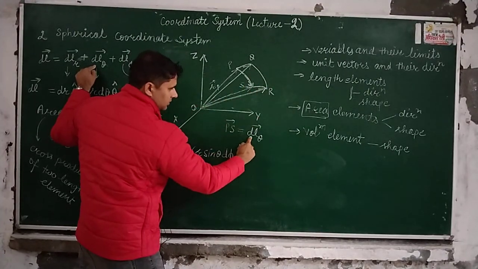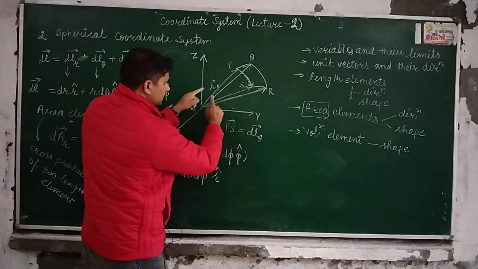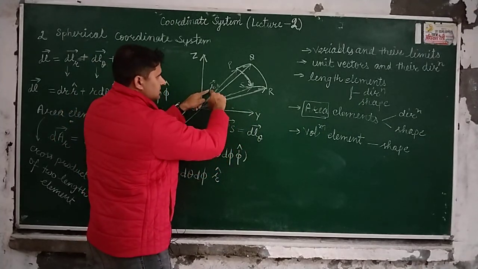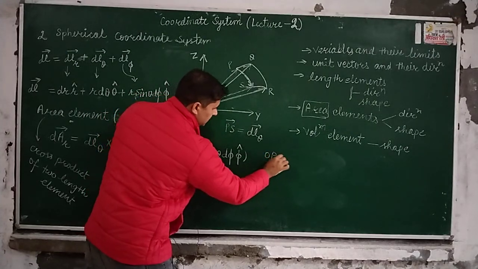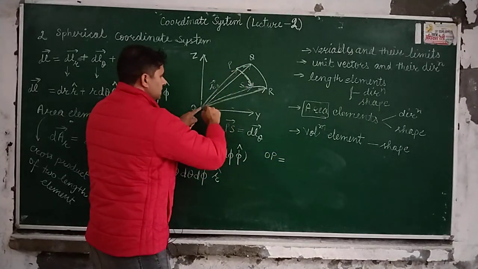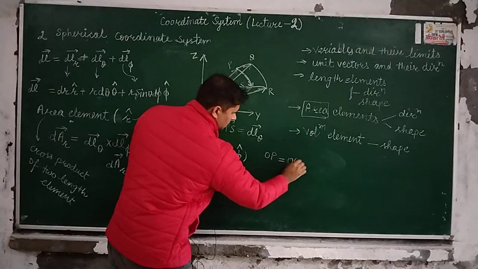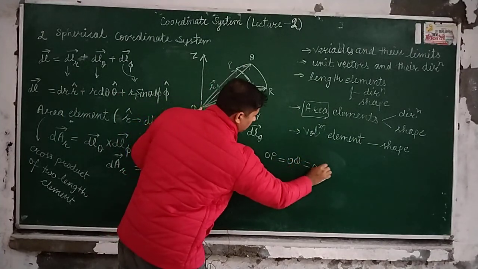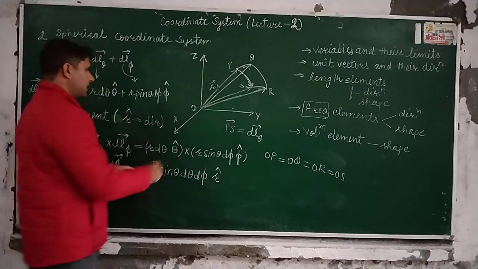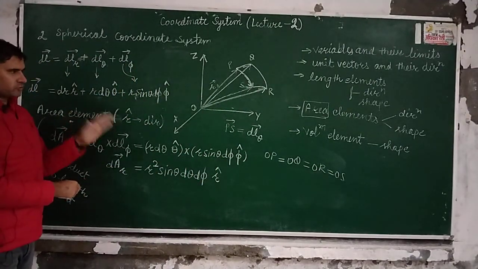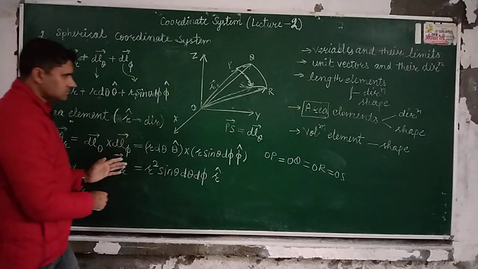So vector ps is equal to dl theta, and qr will also be equal to dl theta, because I have told you that I have taken op equal to oq equal to or equal to os. So these are all at a distance r from the origin.